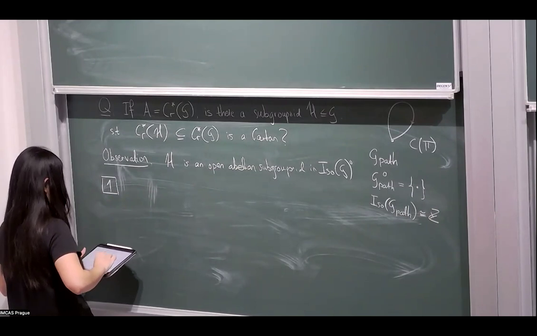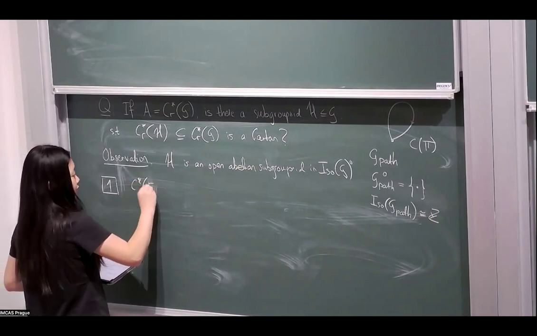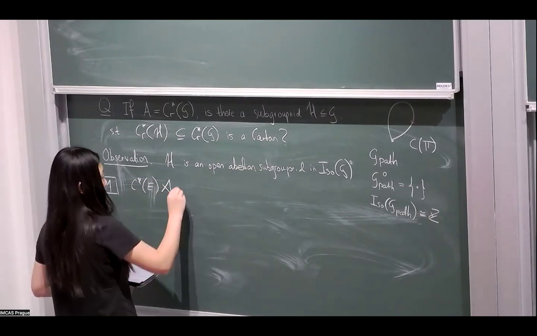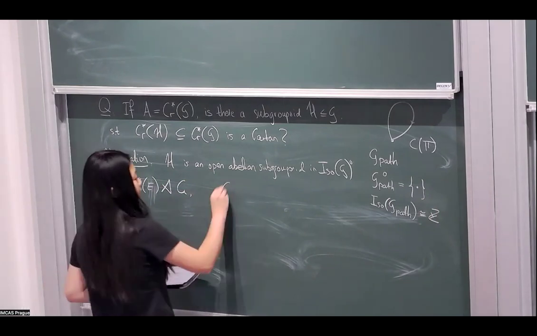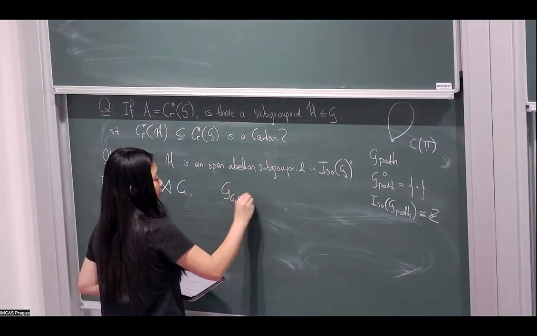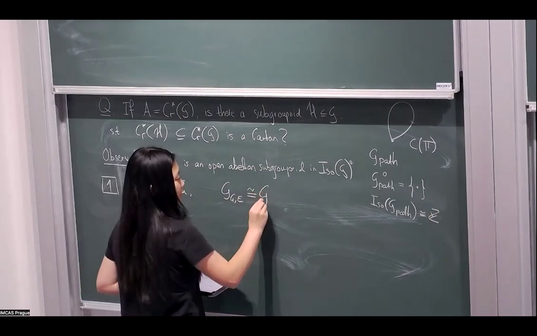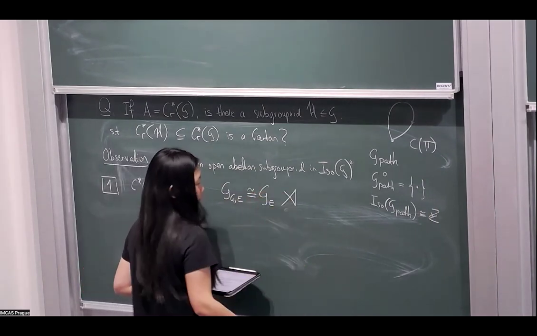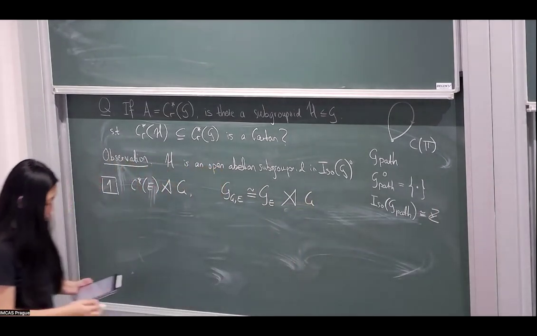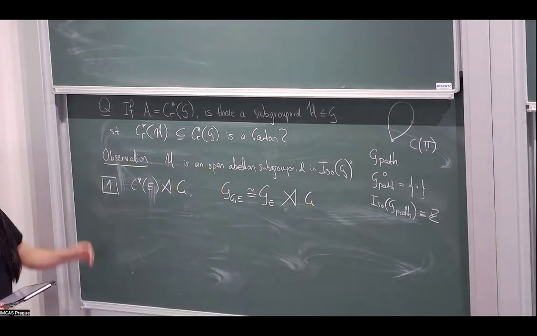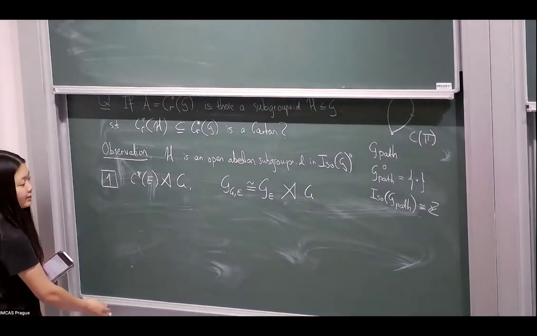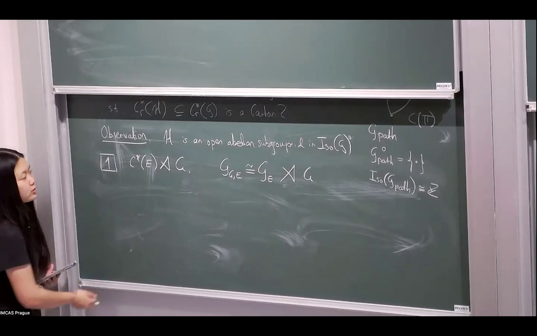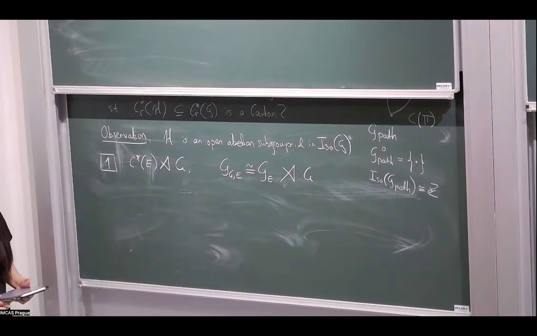I have the cross product of the graph C-star algebra with G. And in this case, the self-similar graph groupoid will just be isomorphic to the graph groupoid cross product with the group G, and there's a natural action induced from your original action. Even in this case, we didn't find much result in the previous literature, even covering the case of G being Z.